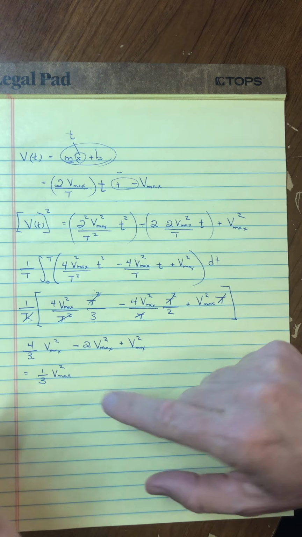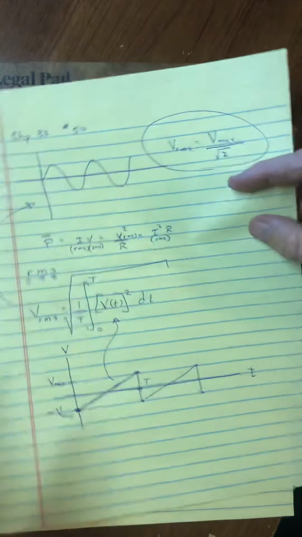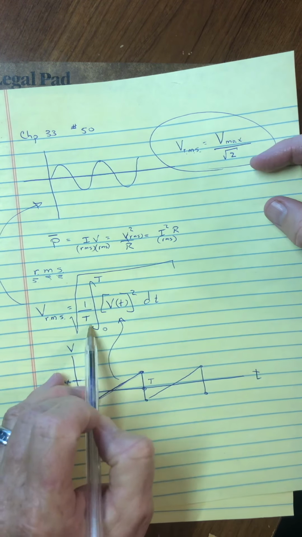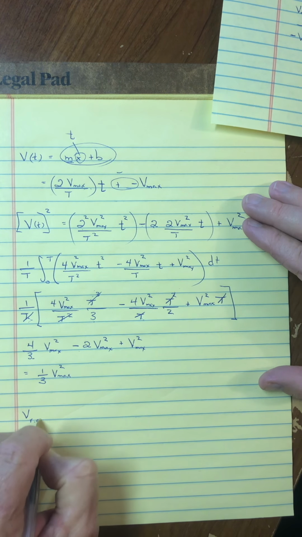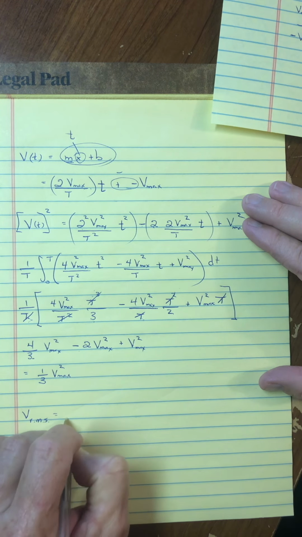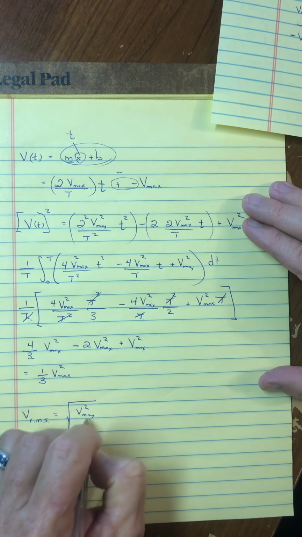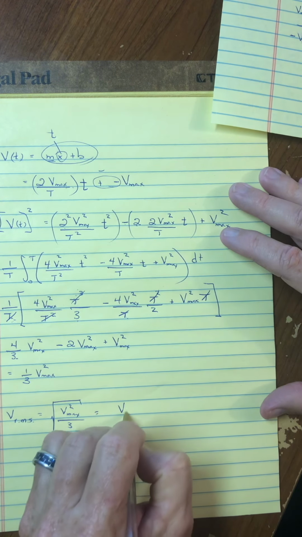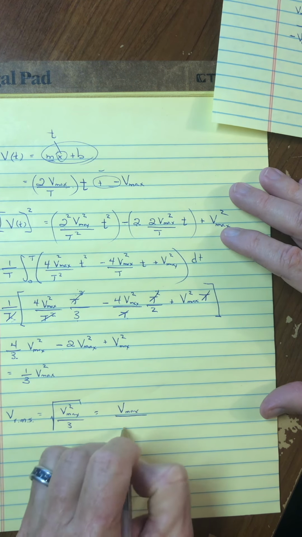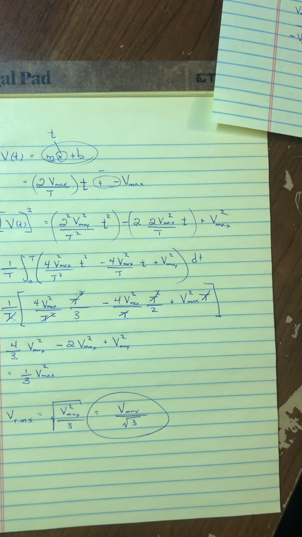All right, so now the final step, now that I've squared it and I've integrated it, is to take the square root. So VRMS is then the square root of Vmax squared over 3, which simplifies to the maximum divided by the square root of 3.